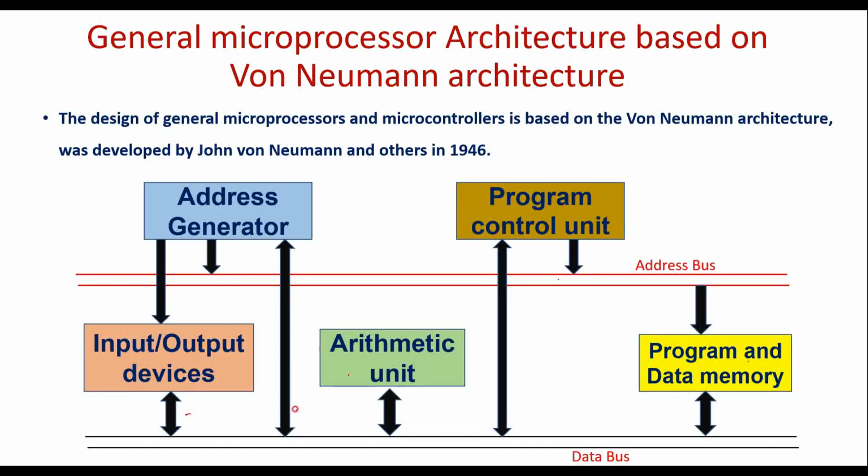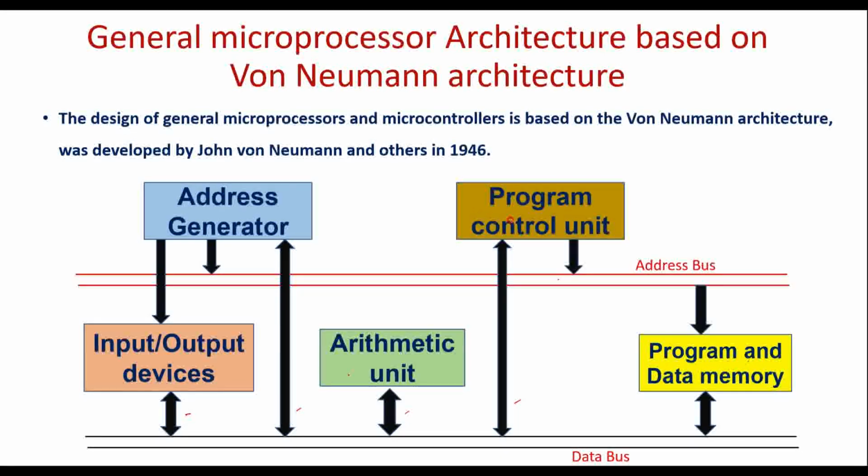It is bidirectional because here we have a program control unit. The function of the program control unit is to fetch or retrieve the instructions which are stored in memory. After fetching the instruction, it will decode the instruction and execute it.